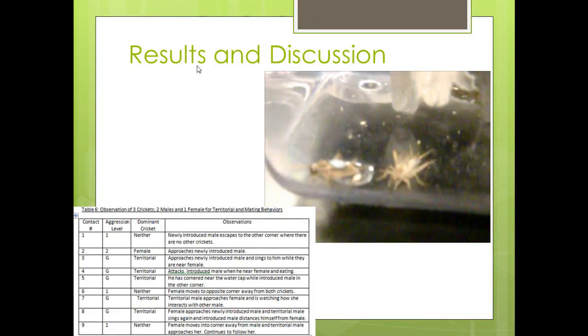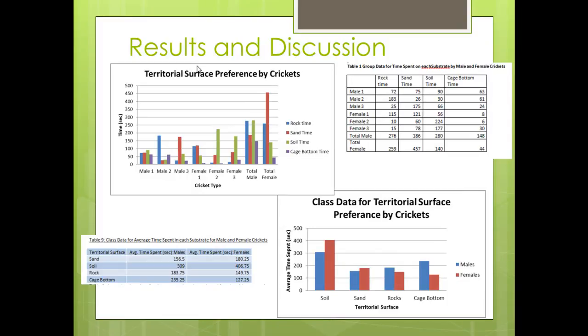So it is hypothesized that both the male and female cricket will prefer the soil substrate. Results showed that the male preferred the sand, while the females preferred the soil.